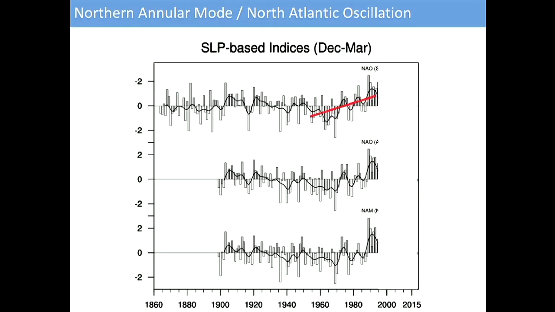I did want to highlight that when I first got into research, there was a lot of discussion about trends in the NAO, and I think Dietmar mentioned this last year. Around the late 90s, when I was starting research, a few papers suggested the NAO was trending positive, which is what we expect under climate change, and asked what it means and what's going to happen in the future.